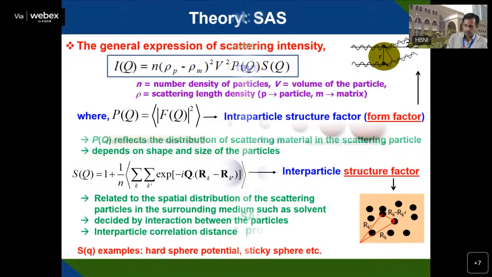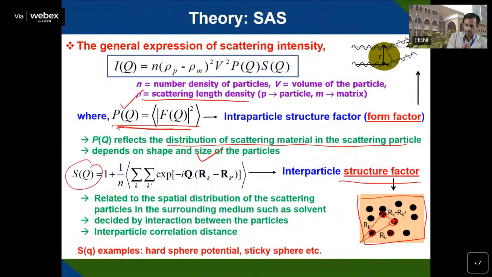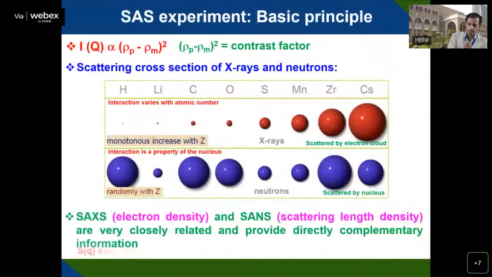So mostly these two parameters, S(Q) and P(Q), that you get from small-angle X-ray and neutron scattering, will give both shape and size as well as interaction. So for I(Q), in this equation, if V, P(Q) and S(Q) remain constant, I(Q) is mainly related to the parameter (ρ_P minus ρ_M) whole squared, the particle minus the medium.